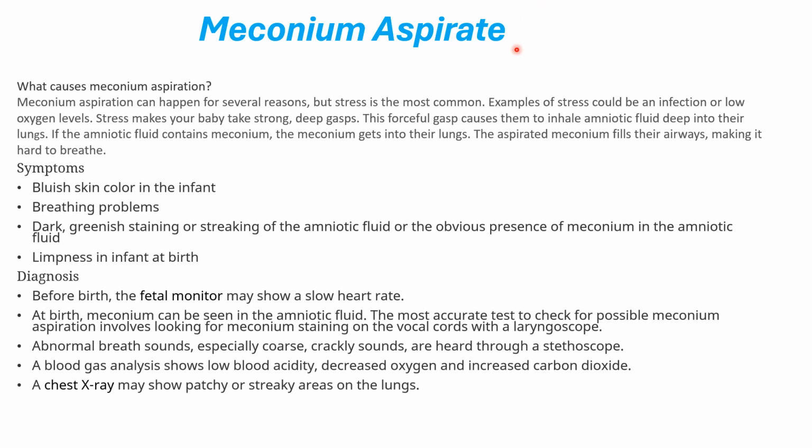And then on the X-ray, we can see patchy infiltrates and areas of atelectasis and hyperinflation, ropey or streaky densities, and, if there is an air leak, the presence of pneumothorax or pneumomediastinum.